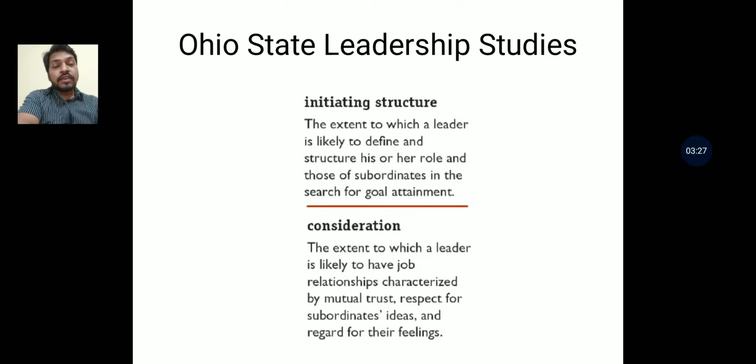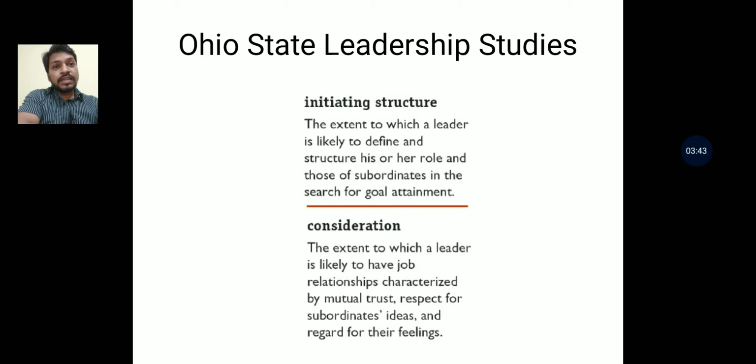Moving on, we had the Ohio State leadership studies. The University of Ohio did some studies. In their studies, they found that good leaders depend on 2 different concepts. The first one is initiating structure.